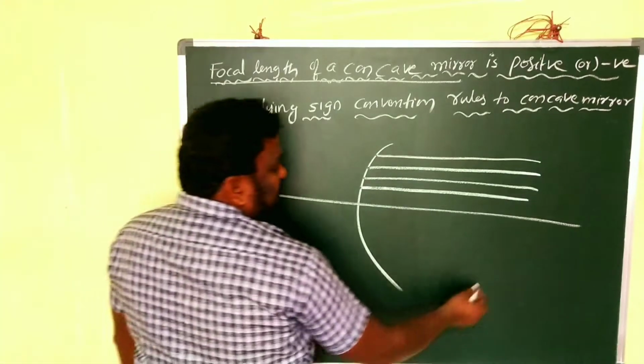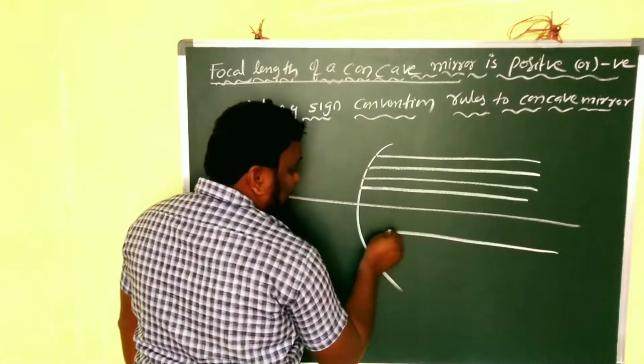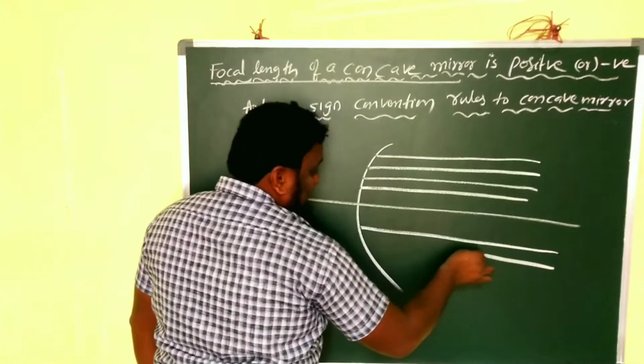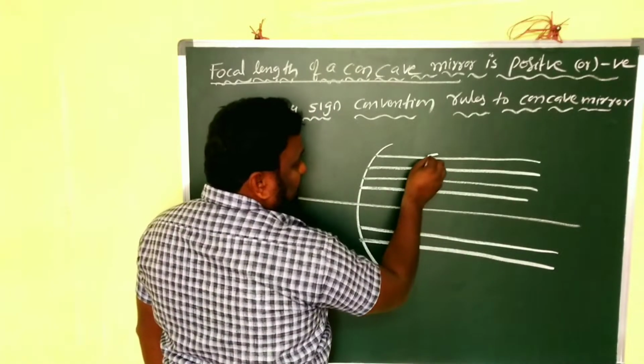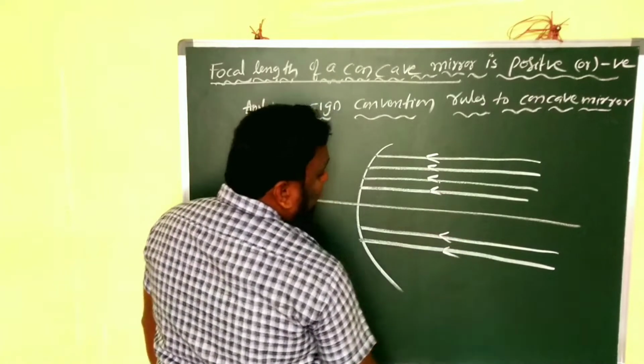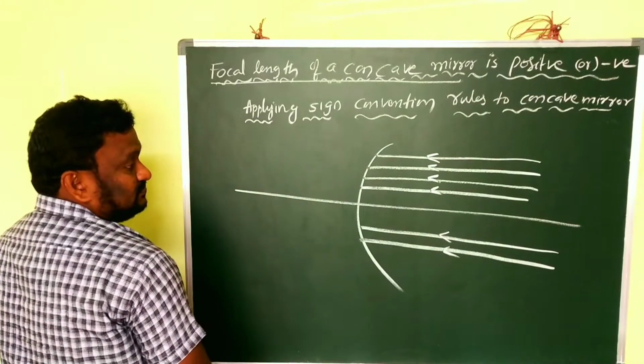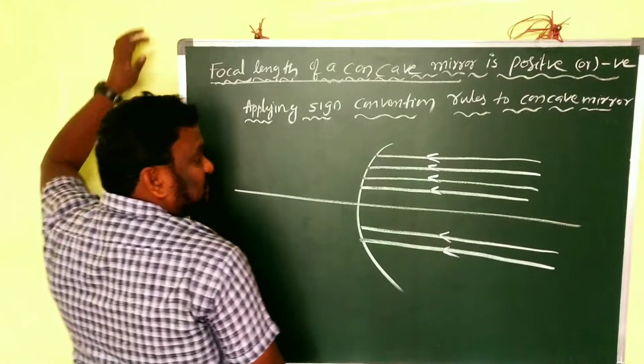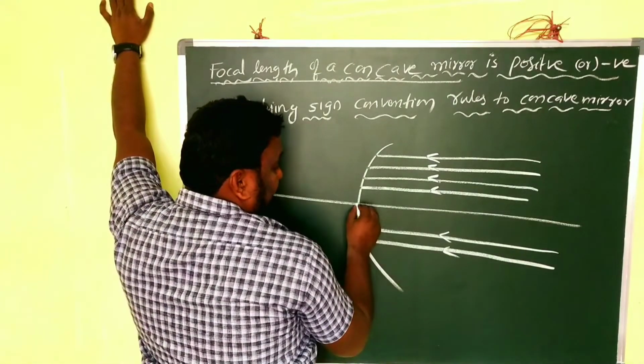All these light rays coming from infinite distance are parallel, so we say parallel beam of light. This is the pole.